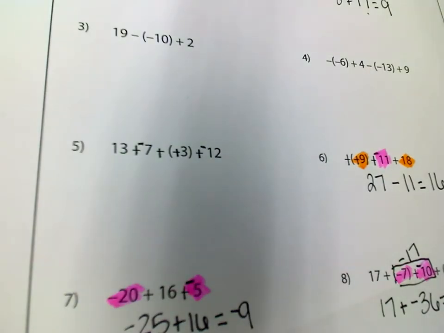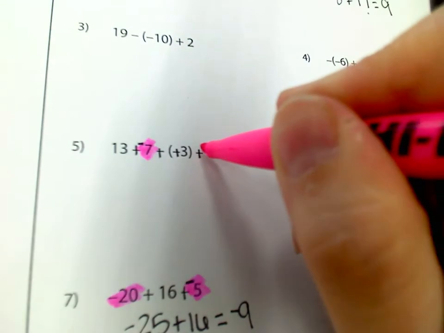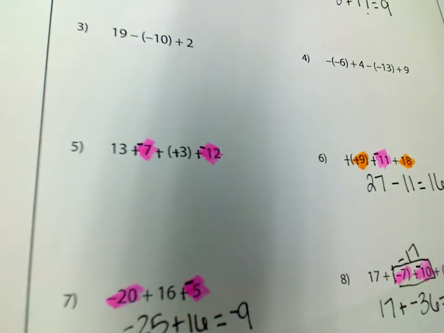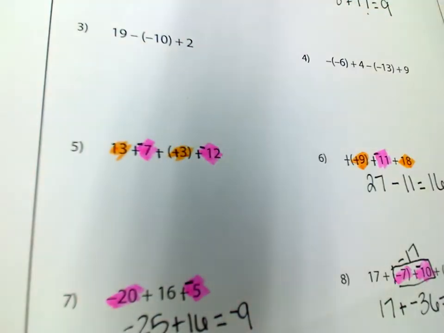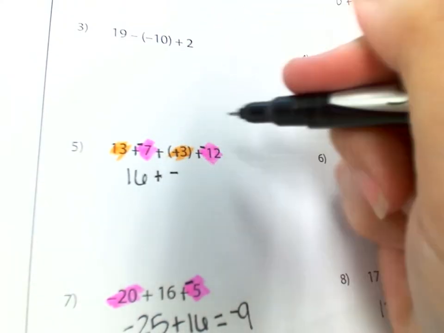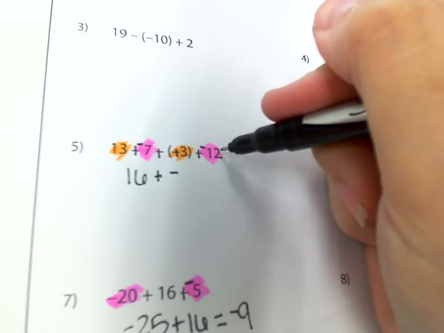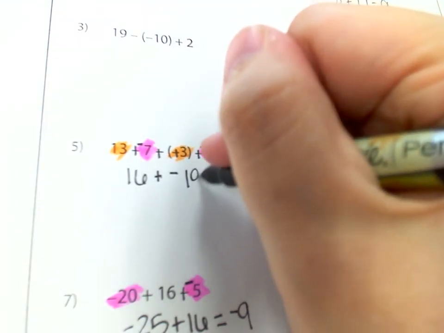So if I get all my negatives, I have negative 7 and negative 12. And my positives, I have 13 and 3. So 13 plus 3 is 16, plus a negative, negative 12 and negative 7 would make negative 19.